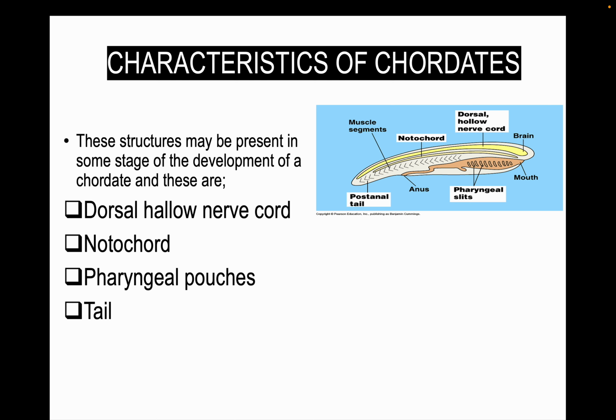Then near the mouth, the oral cavity of the developing chordate, there is the presence of pharyngeal slits or pharyngeal pouches that in invertebrates give rise to specific structures of the gut and other complex systems such as the respiratory and the digestive system.